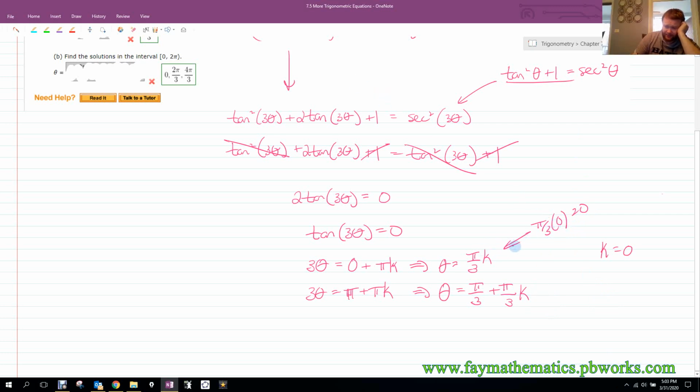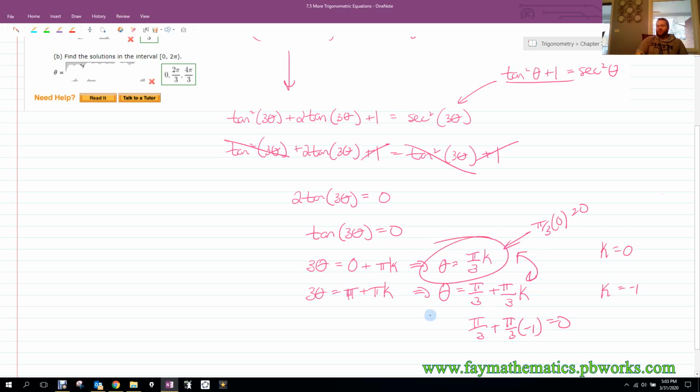So when k is 0, that gives me theta to be 0. Think about down here when k is equal to negative 1. Does that give me 0 as well? You get pi over 3 plus pi over 3 times negative 1. Those cancel out, giving me 0. So what I'm trying to demonstrate here is that whatever k is, these two things will eventually give the same answer. Okay?